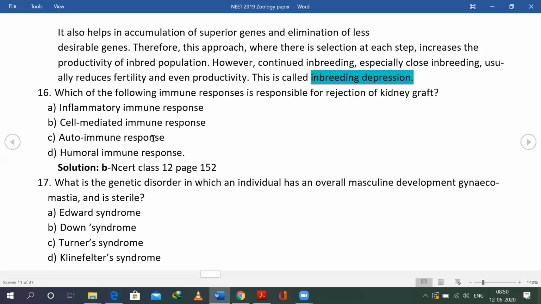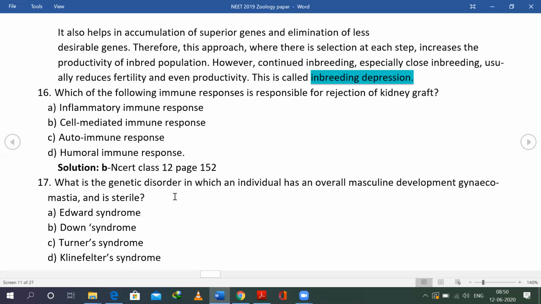And cell mediated immune response is our right choice. It's a direct question, a direct line from NCERT has been taken up. The solution can be seen in class 12 NCERT, page 152, Human Health and Disease, where the immunity portion is there, where you see the graft transplantations. You see the answer there, that is cell mediated immune response.